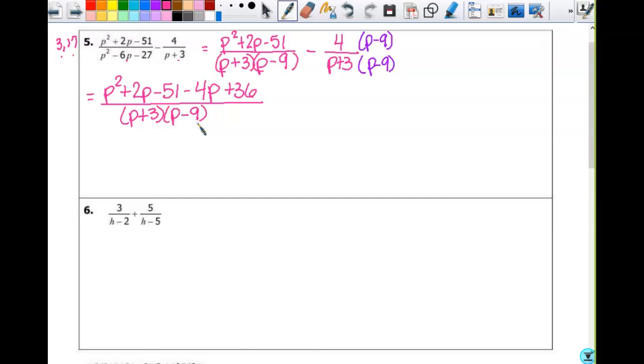Everybody good so far? So now I'm just going to combine my like terms in the numerator. So p squared minus 2p minus 15 over p plus 3 times p minus 9.